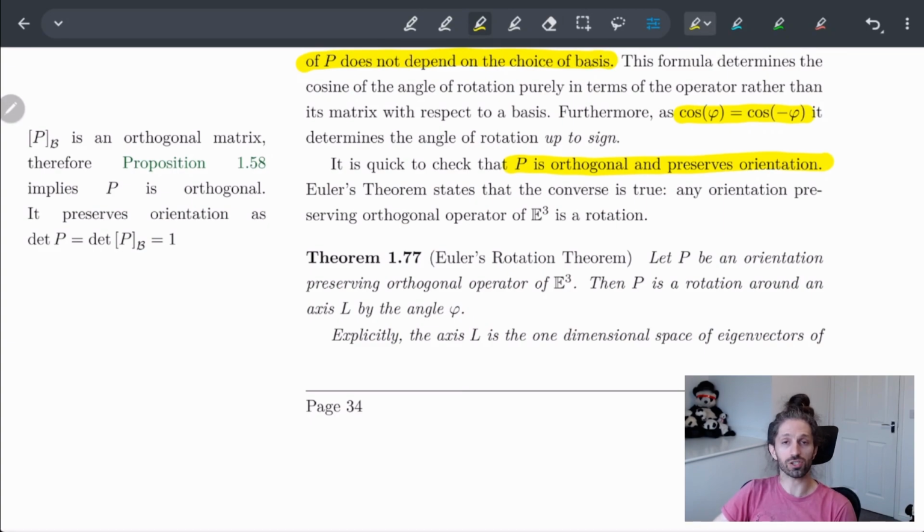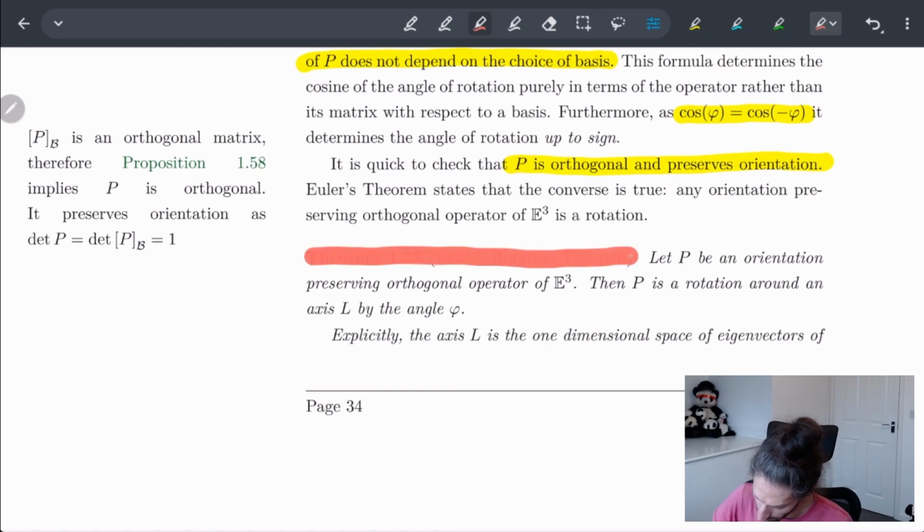And Euler's rotation theorem is basically saying the opposite is true as well. In other words, if I have any orientation preserving orthogonal operator, so it preserves orientation and it's orthogonal, then it must be a rotation. So rotations are precisely the orientation preserving orthogonal operators.